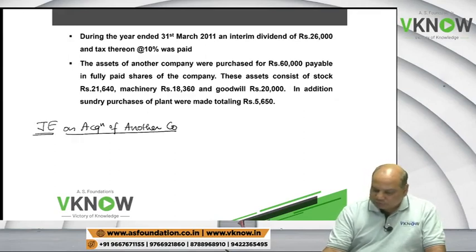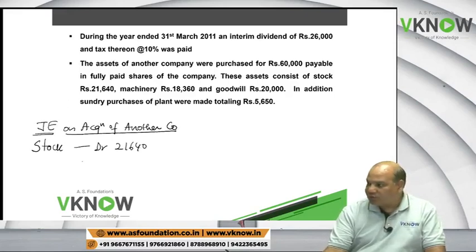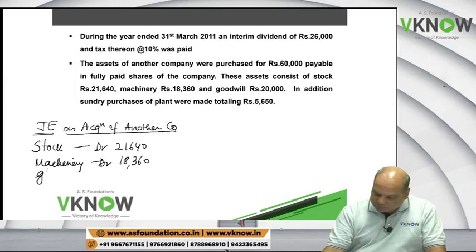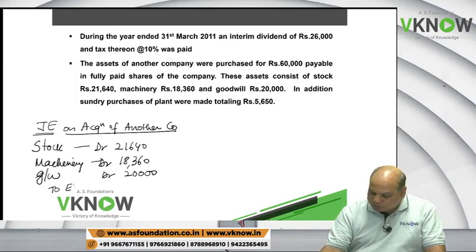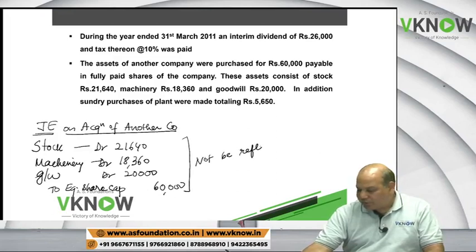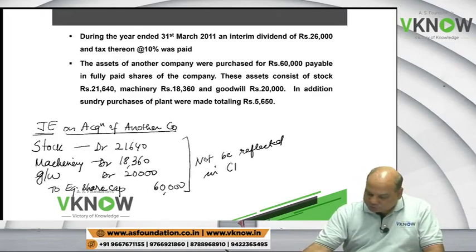In this question, the entry will be: stock account debit 21,640, machinery account debit 18,360, goodwill account debit 20,000, and to equity share capital 60,000. This will not be reflected in cash flow statement.